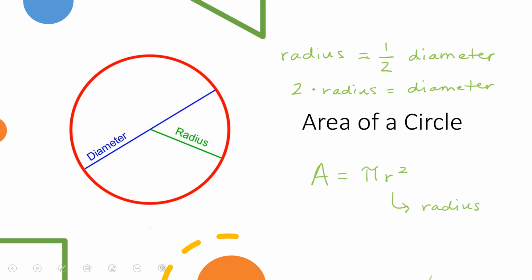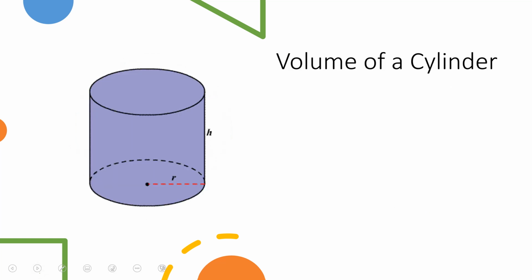So let's look back at our cylinder. All right, so we said that volume equals the area of the base times the height, and our base is a circle. The area of a circle is pi r squared, and therefore the area of the base is pi r squared.